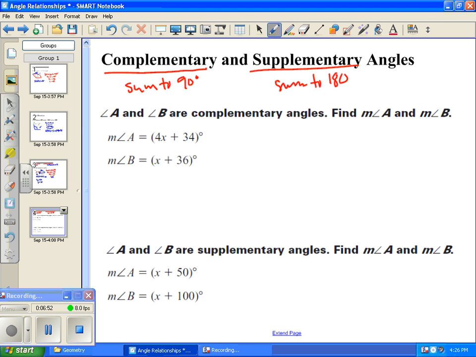That's really the only difference between the steps, that you set them equal to something different. The first of the two problems says angle A and B are complementary angles. Find measure of angle A and measure of angle B. Because we know that they sum up to 90 degrees, we can just add them up and set them equal to 90.